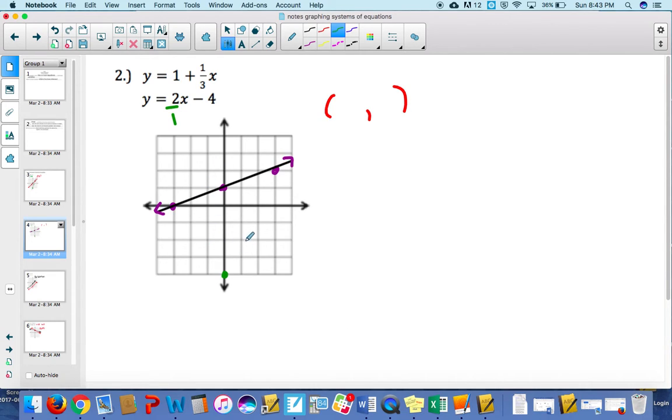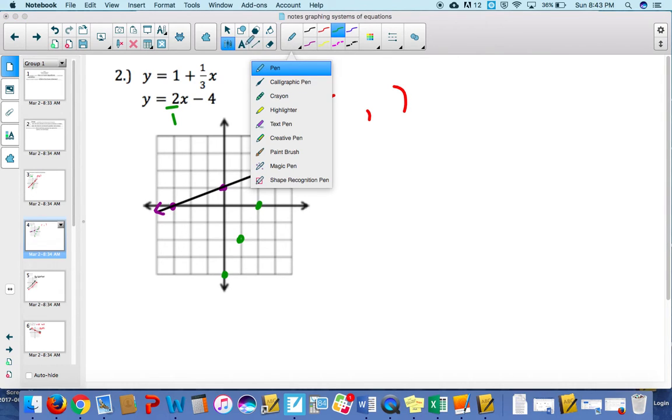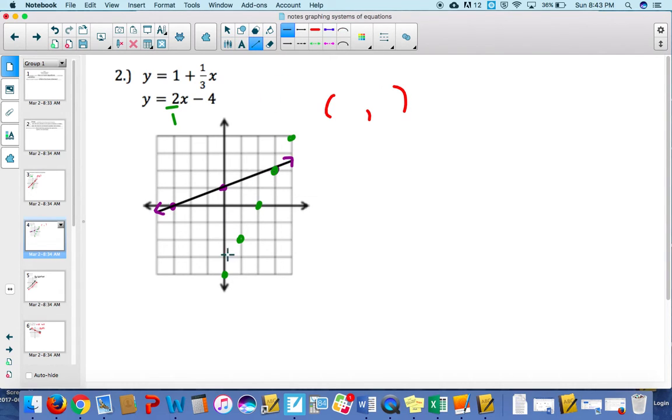Excuse me, slope of 2 over 1. All right, and line tool here. Intersecting, and our ordered pair is over 3, up 2. So this is again an example of a system of equations with one solution.